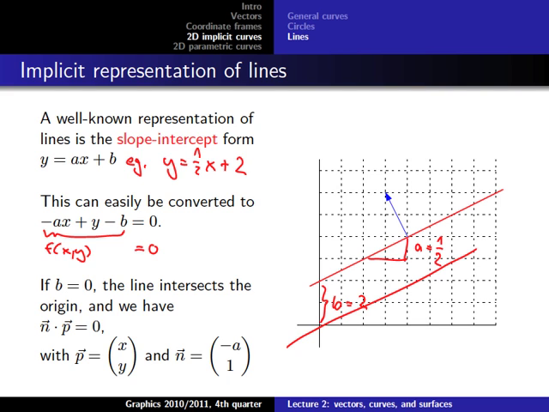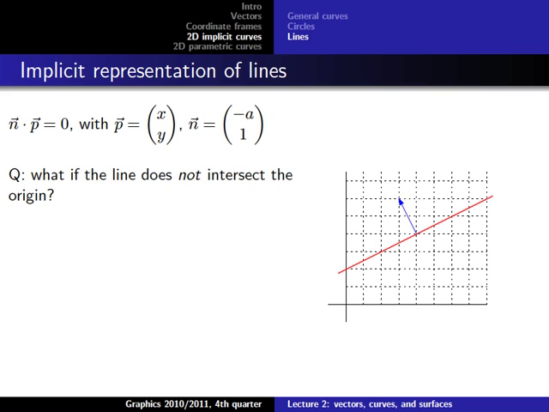So this is just a different way to represent it, but this is a way that is sometimes quite handy. Of course, we do not only want to have lines that intersect with the origin, we also want to have lines that do not intersect with the origin.